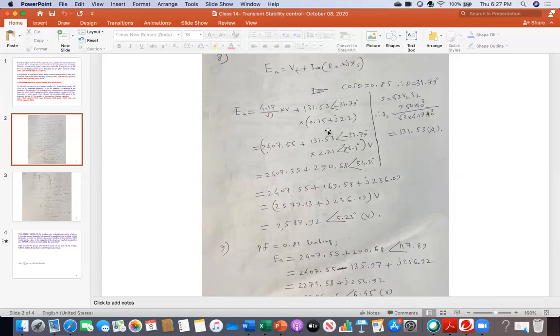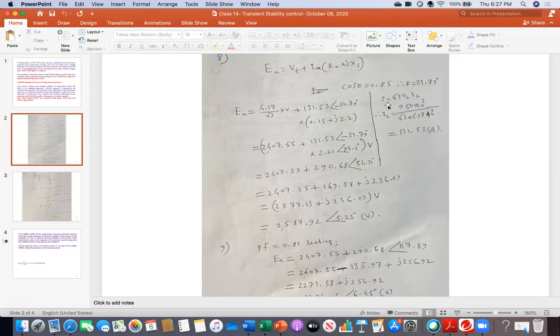So why do we use this one? To find I here, it's 950 kVA over square root of 3 times V. So here, which V do we use, V line to line or V phase? Yes, it is line to line.